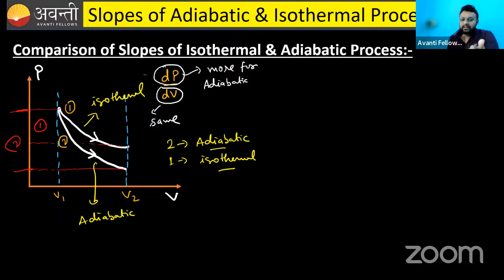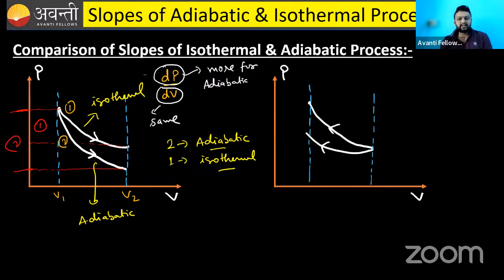You can either remember these things or you can apply the concept. It's up to you. If you have any doubt, you can ask me. And if everything is clear, then tell me which is process one. Let's suppose this is process one and this is process two, which is adiabatic and which is isothermal.